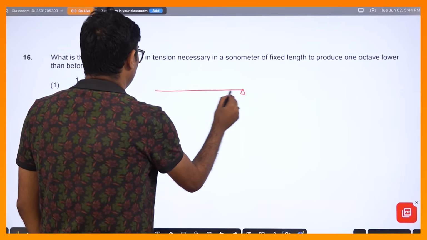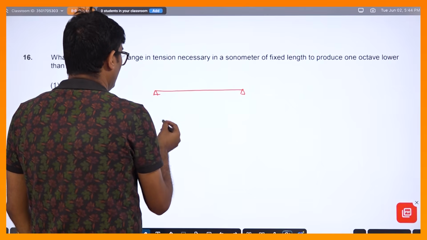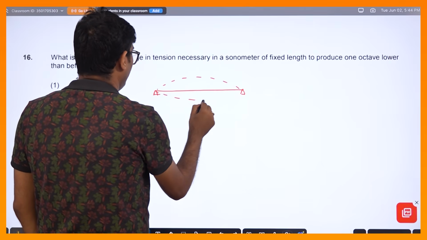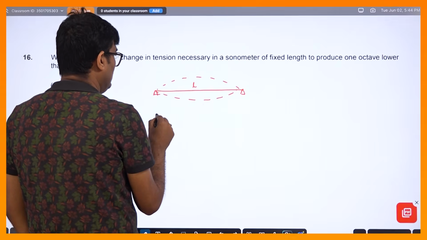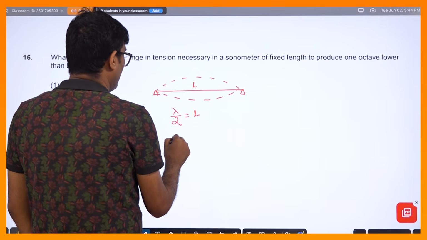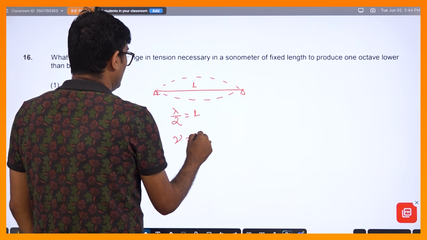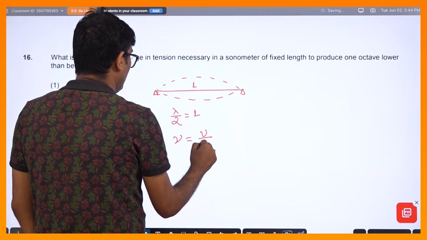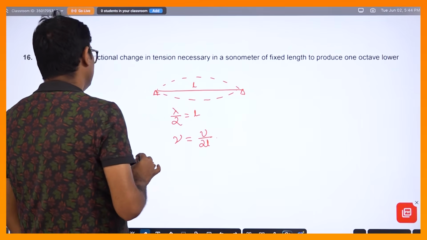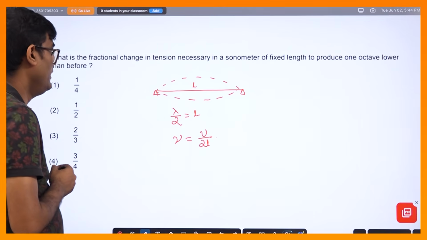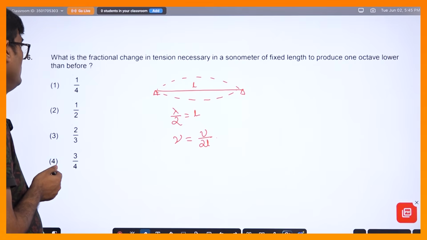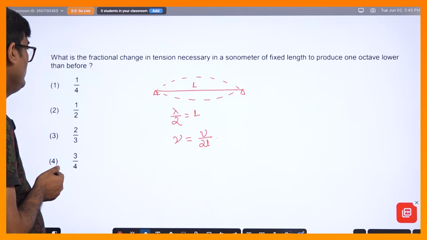Okay, we know that in a sonometer, the fundamental frequency, if this length is L, then λ/2 is equal to L, and frequency is equal to v/2L, right? That is the one frequency. To produce 1 octave lower than before.